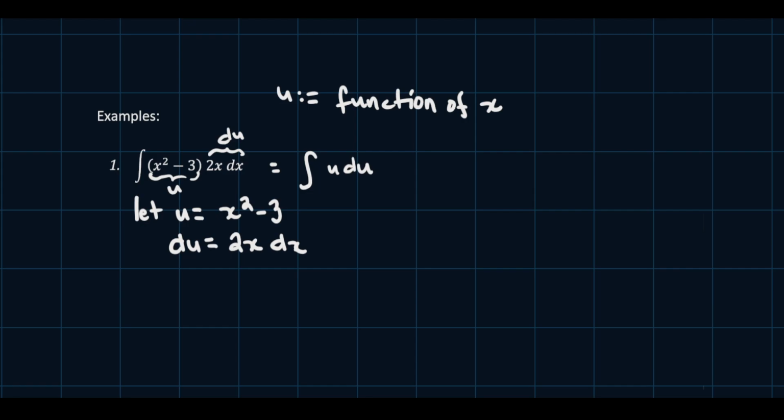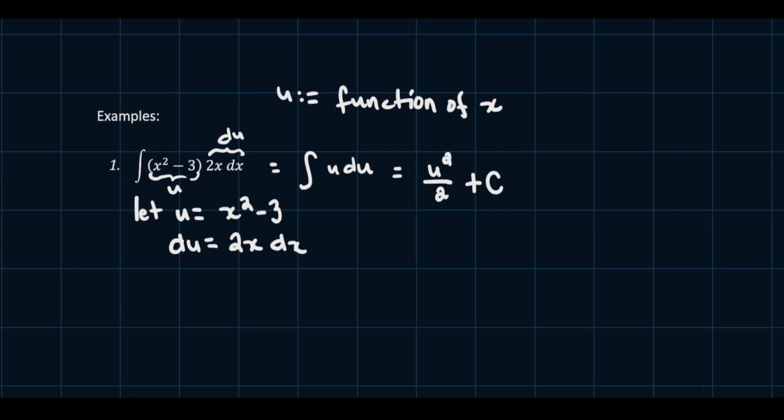As I was mentioning before, kahit iba yung variable, basta pareha siya doon sa differential involved, mag-a-apply pa rin yung mga techniques natin sa pagkuha ng antiderivative. So this one, pwede tayo mag-power rule. So u squared over 2 plus c.